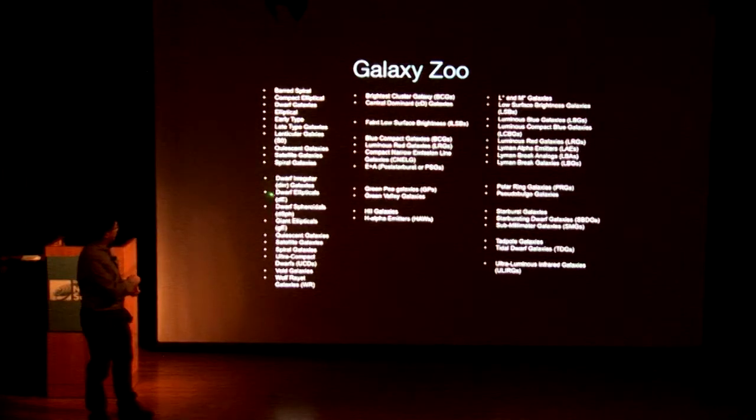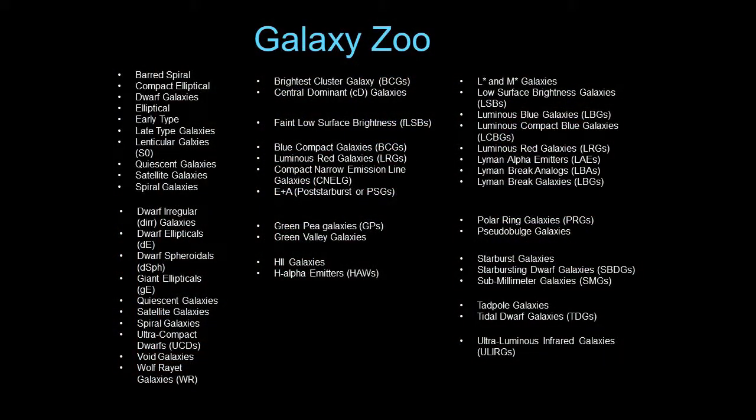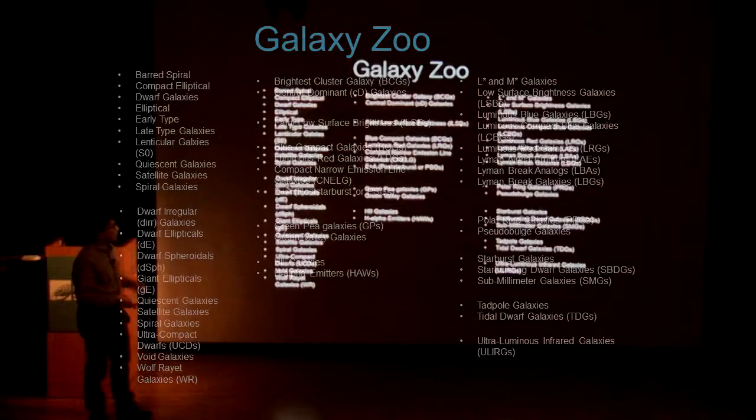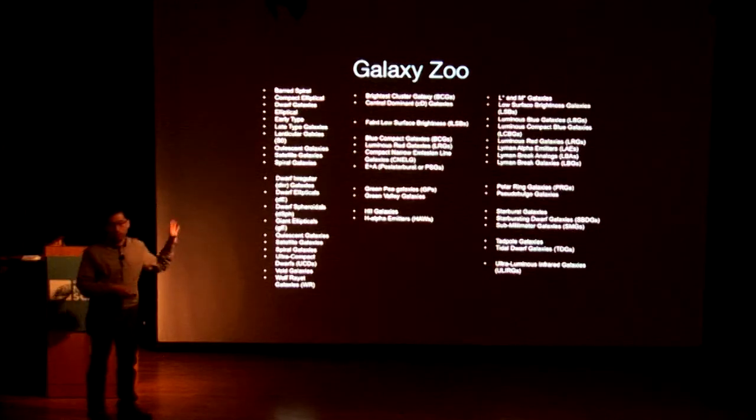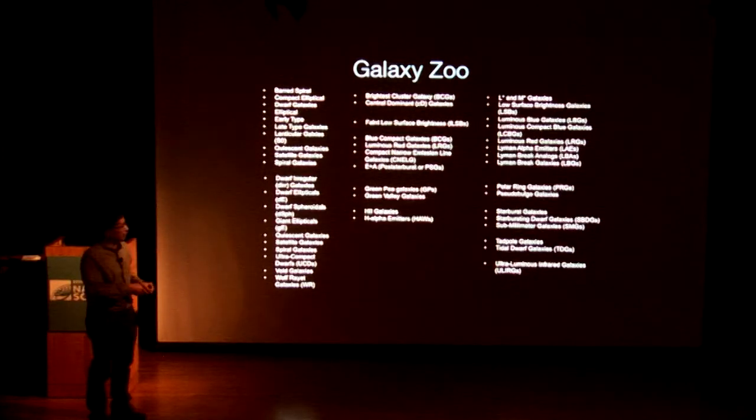But then you get lots of different types of ellipticals and different types of dwarf galaxies. And then you get these really weird acronyms: faint low surface brightness galaxies, blue compact galaxies, luminous red galaxies. I'm sure people who do this for a living just love all the different acronyms.